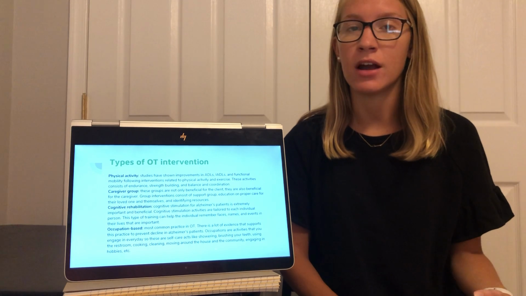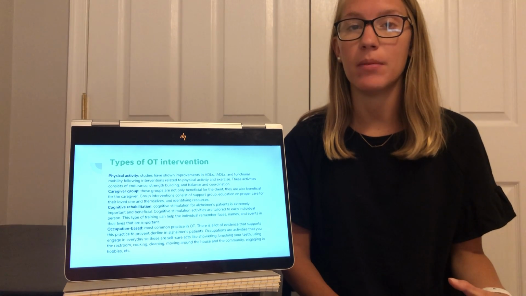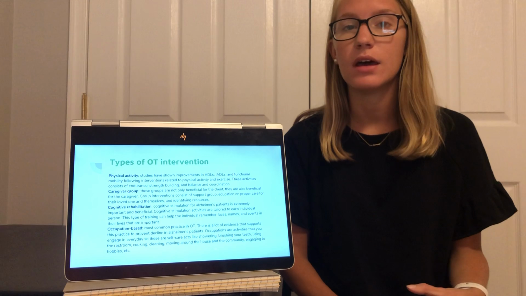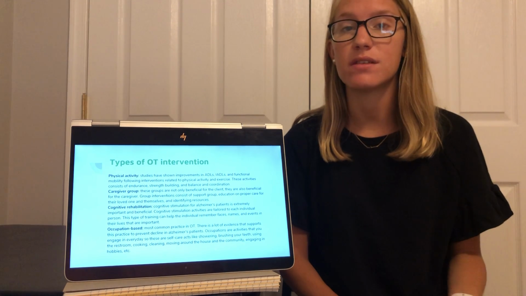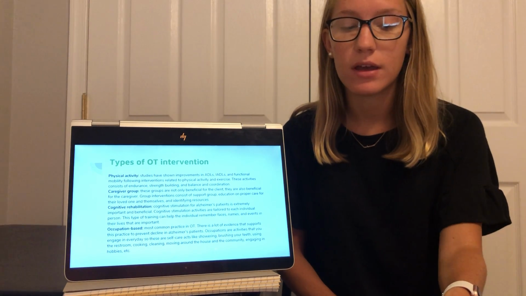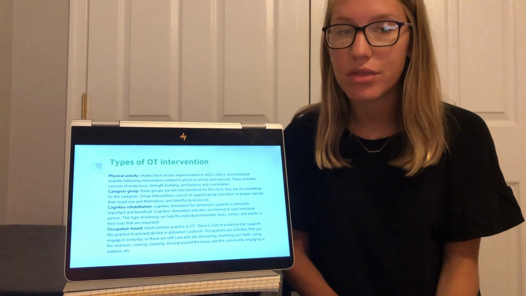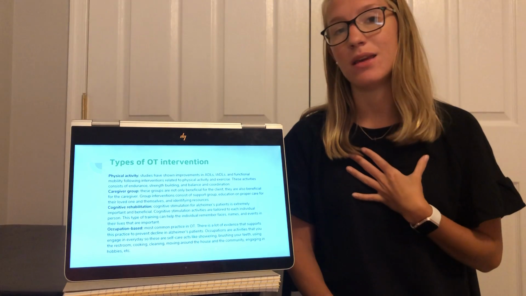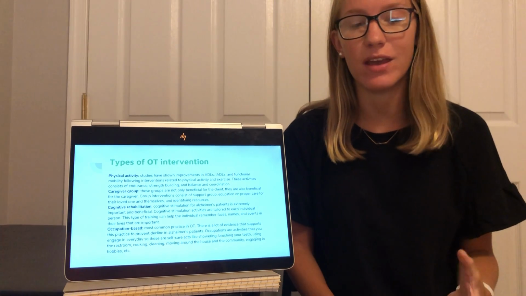And we're just working on their ability to perform them as independently as possible, but also learning how to use assistive devices to perform the activities. So these are all things that we can do in occupational therapy, but there are also things that you can do at home.